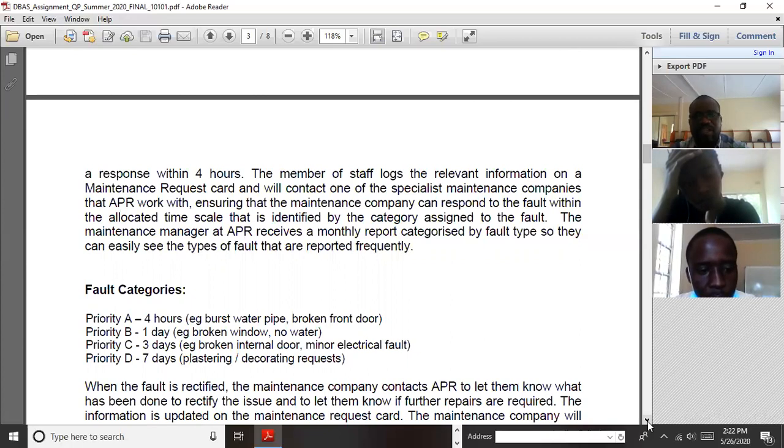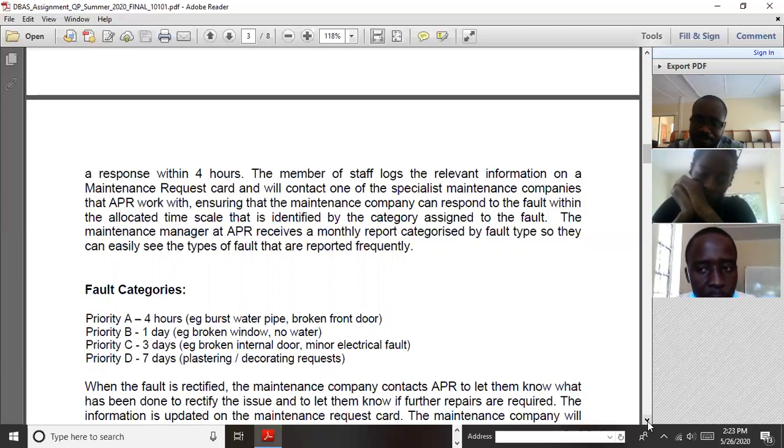It needs 4 hours, e.g. burst water pipes and broken front doors. So this is more urgent. If you are renting the house and it has broken pipes or broken doors, the front doors, not the flush doors inside, definitely that's urgent.